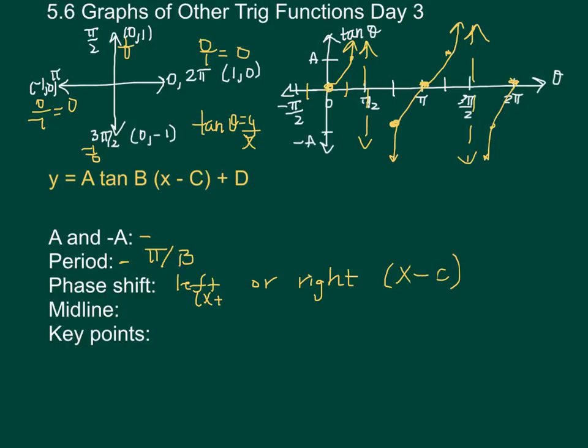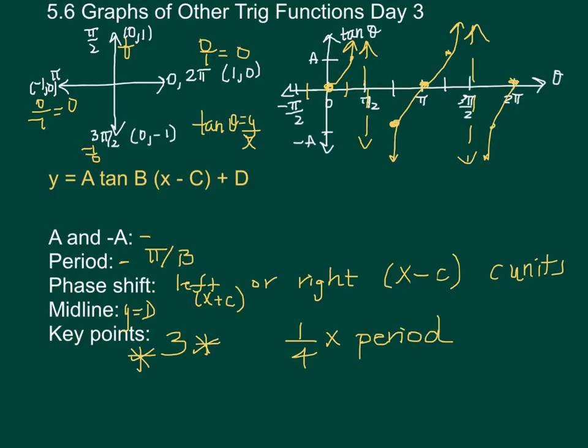If you see plus, you're moving left. Your midline is still y equals d. And key points, you only need 3. That's our magic number. And you still do 1/4 times your period to get your quarter points. And don't forget your first x starts at your phase shift.